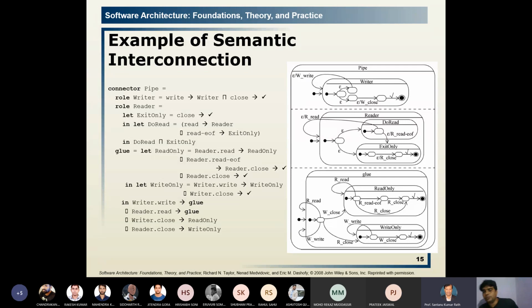Then we have to use the glue method. It will just combine the value for write and read. So when to write and when to read. Simultaneously, it is not allowed. Read and write are not allowed together. But multiple reads are allowed. You can check the last line here. The writer glue and the reader.